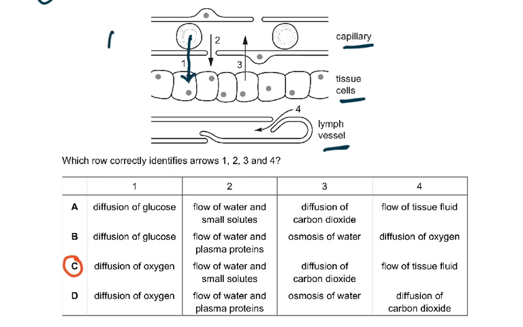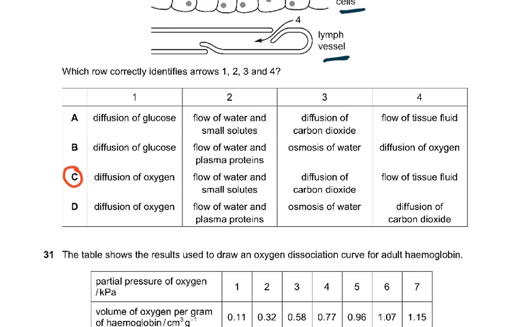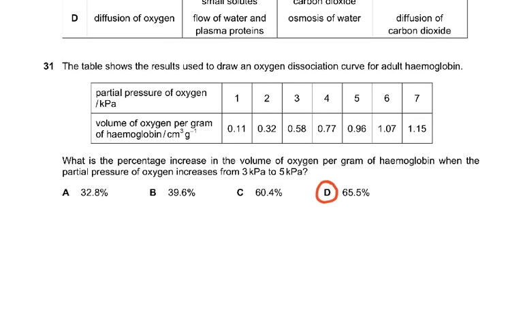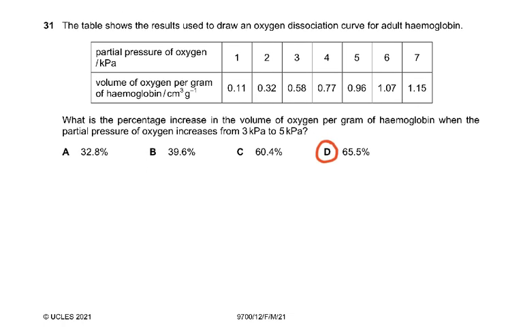You see, in the capillary we have the blood. And then it says 4 was the tissue fluid moving into the lymph vessels. So that is why the answer was C. Getting it all correct. Everybody should have figured that out. That wasn't such a difficult question. Rather simple version of it.